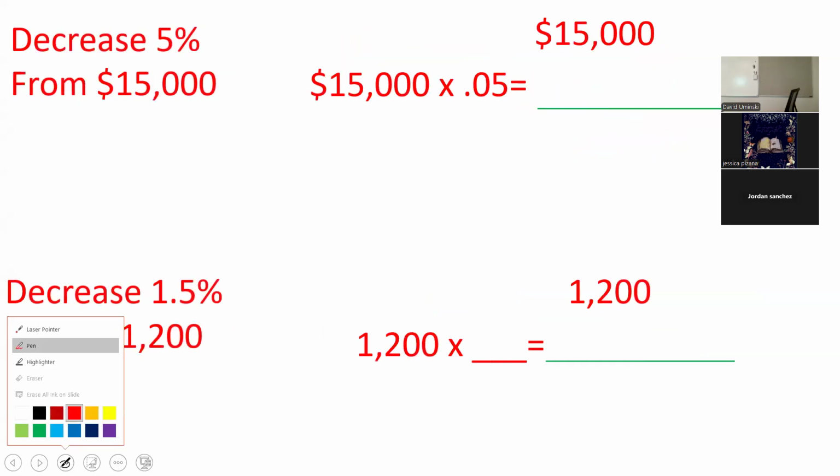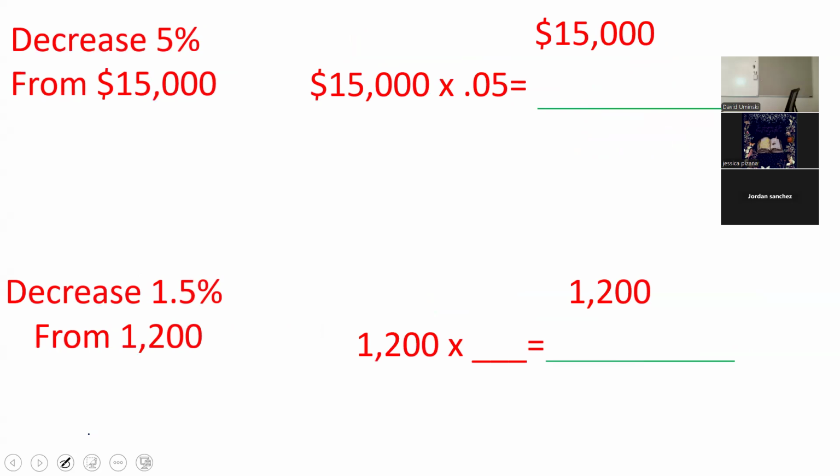Let's talk about decreasing. If we're going to decrease by 5% on this first example, we have to multiply the original number times the percentage. So what is 15,000 times 0.05? See how that's a decimal of 5%? 750.